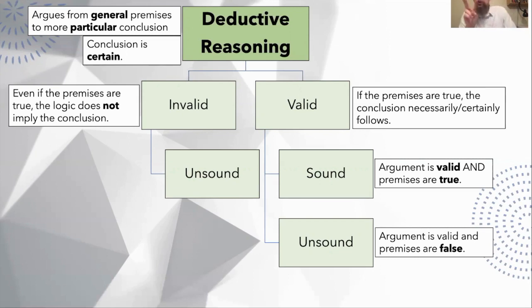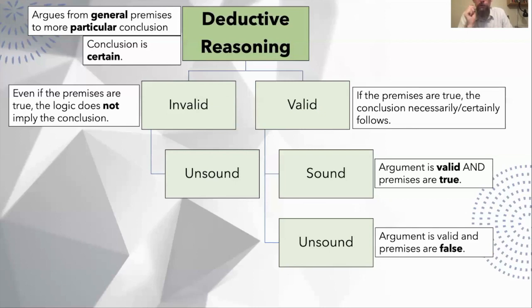So there's two results of deductive reasoning. Your argument, your deductive reasoning, could either be invalid or valid. You can see that the root word there is valid. So it either is valid or it's not valid. An invalid deductive reasoning means that even if the premises are true, the logic does not imply the conclusion.